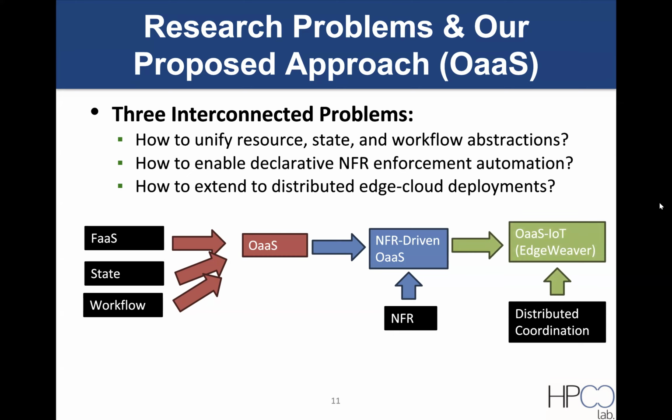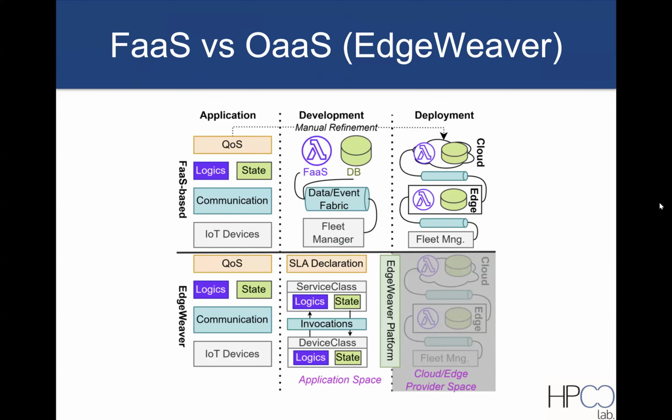This is the latest version of the OS that we call OaaS-IoT, or there is an alternative name that we use to present at this conference, called 8Weaver. If you want to learn more about this, you can meet us on Friday afternoon. I'm not sure about the exact time, it should be 1 p.m. or something.